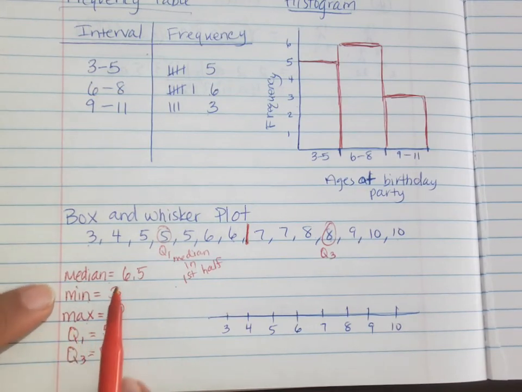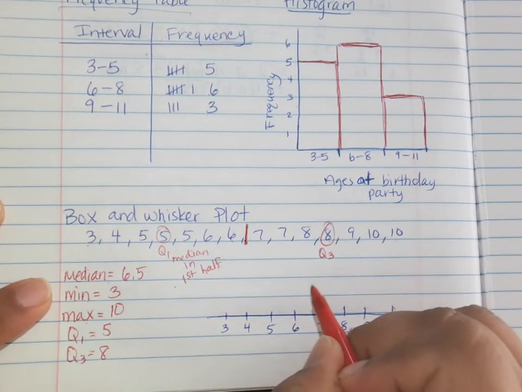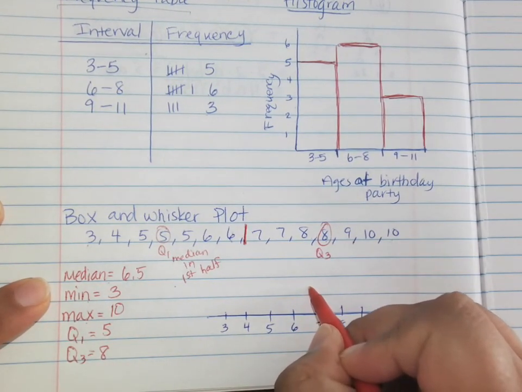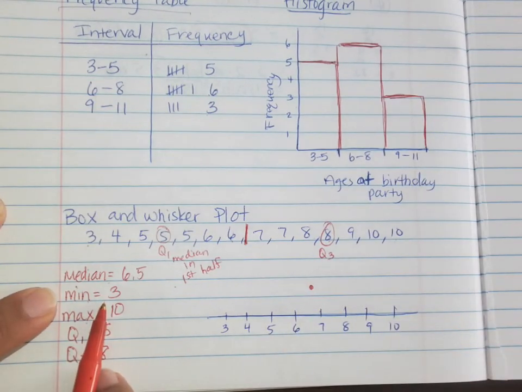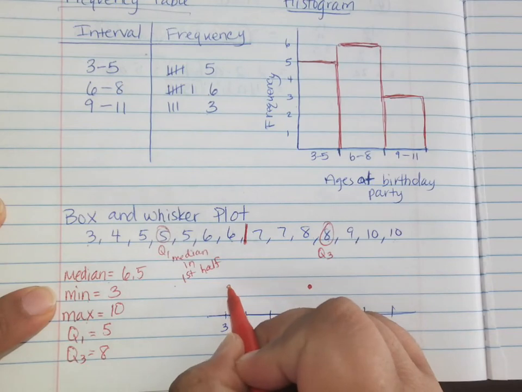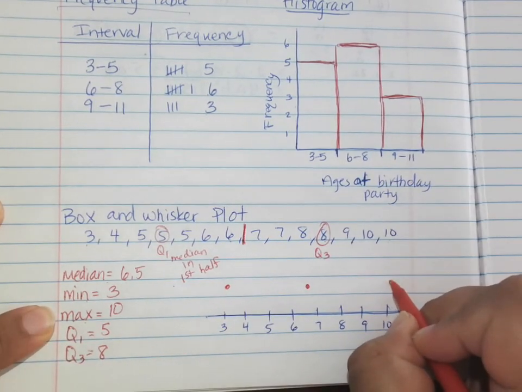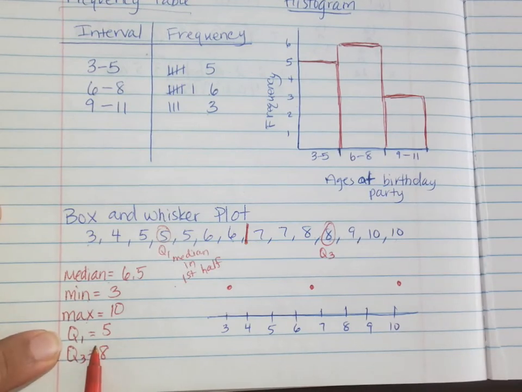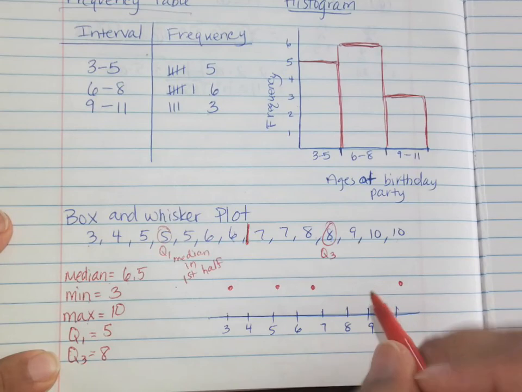So let's start with median. So 6.5, that's the middle of 6 and 7. So I'm going to put it up here. Minimum is 3. I'm going to put that here. Maximum is 10. Q1 is 5. Q3 is 8.